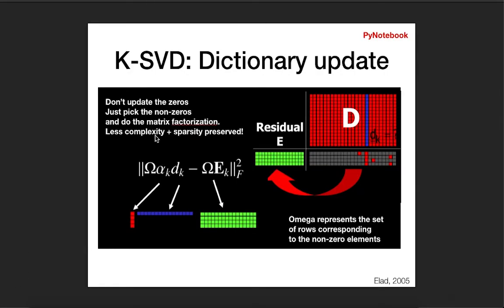Now I have this small residual matrix which I want to decompose into one long vector which is alpha k, and one long vector which is dk, and the small one is just the sparse elements of alpha k, I mean the non-zero elements. So this one I can easily decompose.